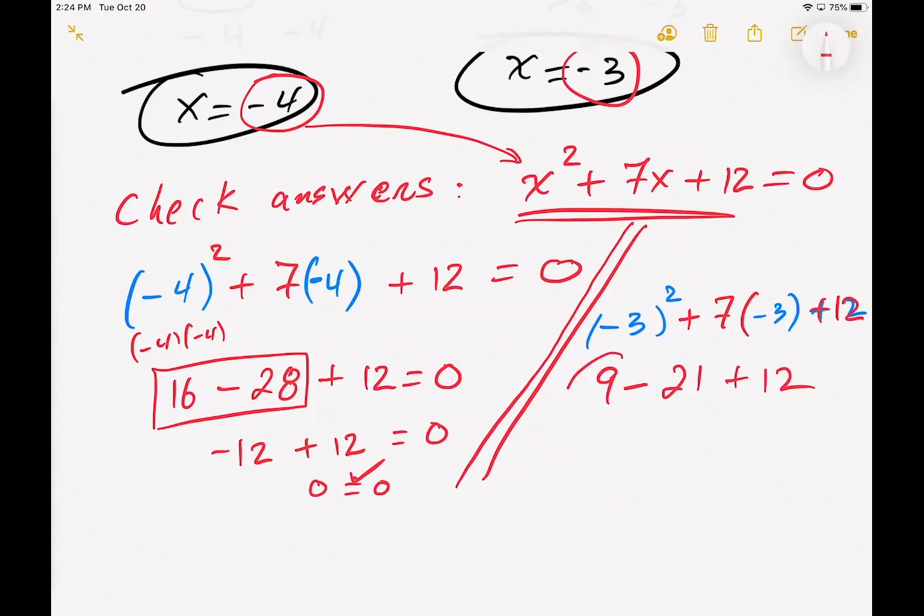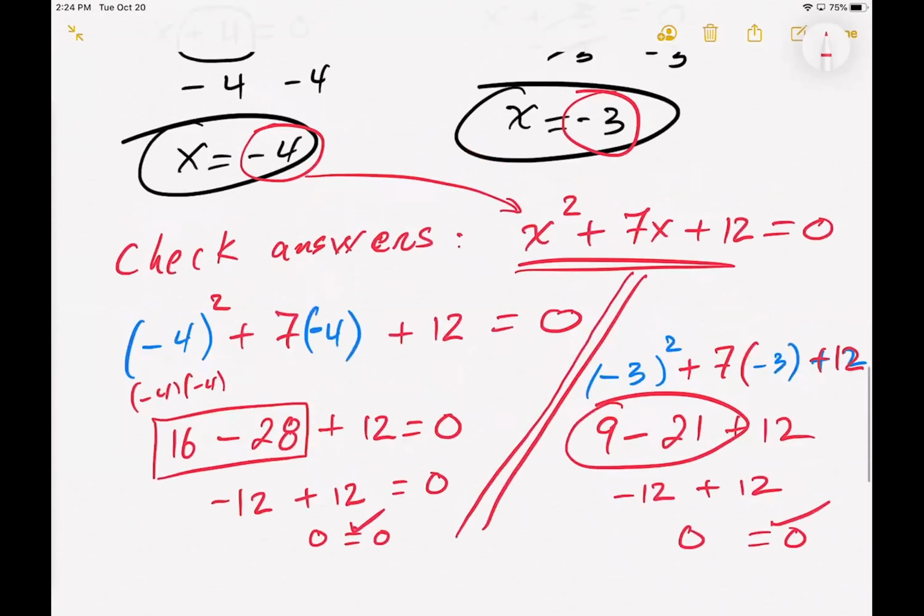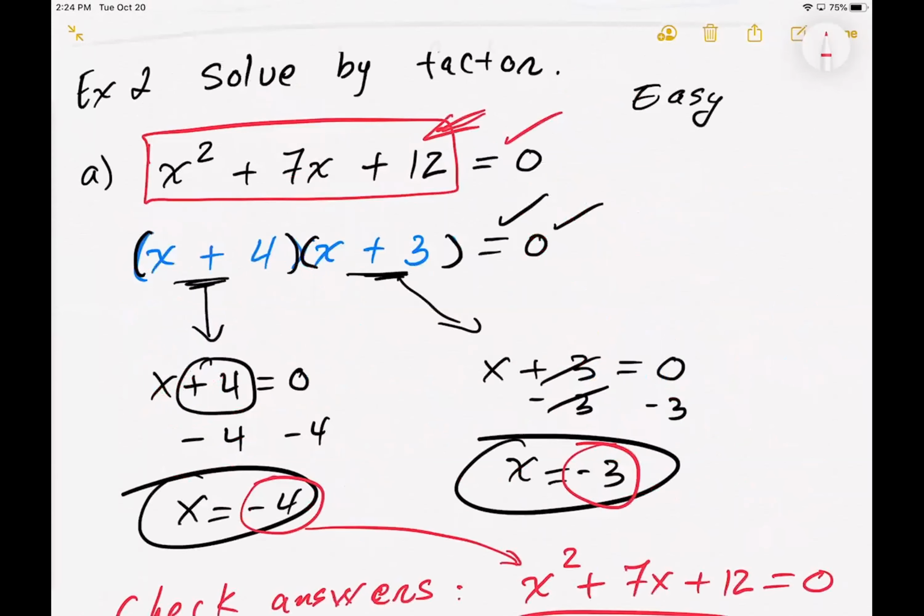As you can see, 9 take away 21 gives you -12. And -12 plus 12 will give me 0. As you can see, those are your two numbers that when you plug them into the equation give you 0. Okay, and that is our objective, ladies and gentlemen.